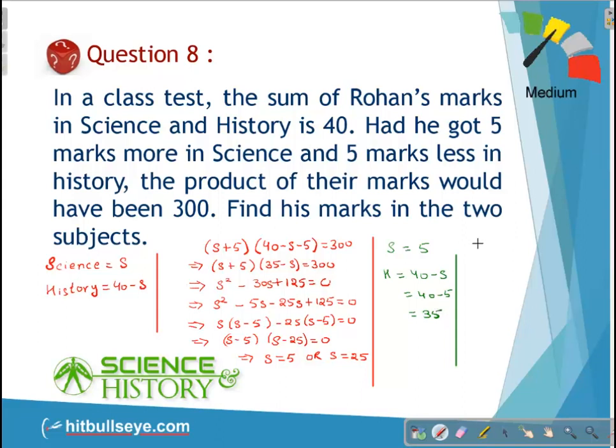And if we take the marks of science as 25, the marks in history will be 40 minus 25 as 15. So students, you have seen that in a quadratic equation we are getting two results of the marks.